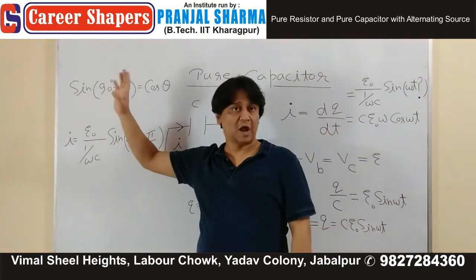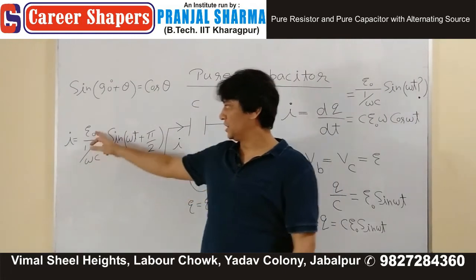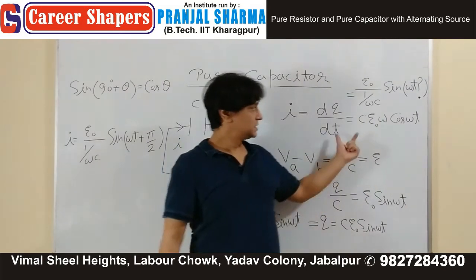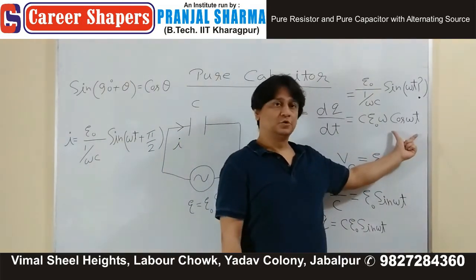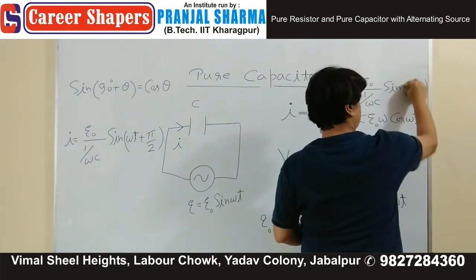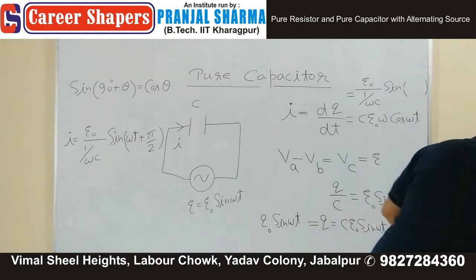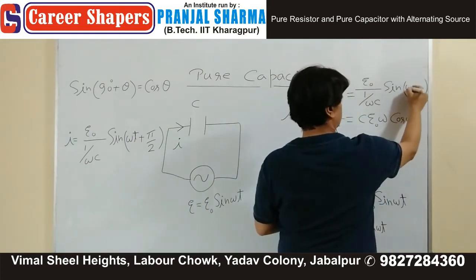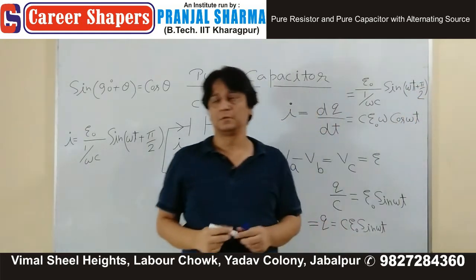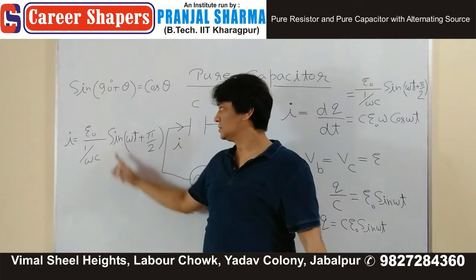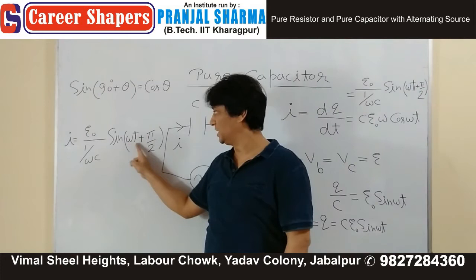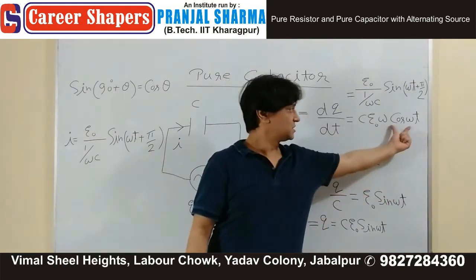This 90 is what? Pi by 2. I hope everybody knows this. So I equals E naught by 1 upon omega c, sine omega t plus pi by 2. This is same as this. So when I asked you what should I write here, this part should be omega t plus pi by 2. Sine of 90 plus theta is cos theta. What is theta? You get the same thing.